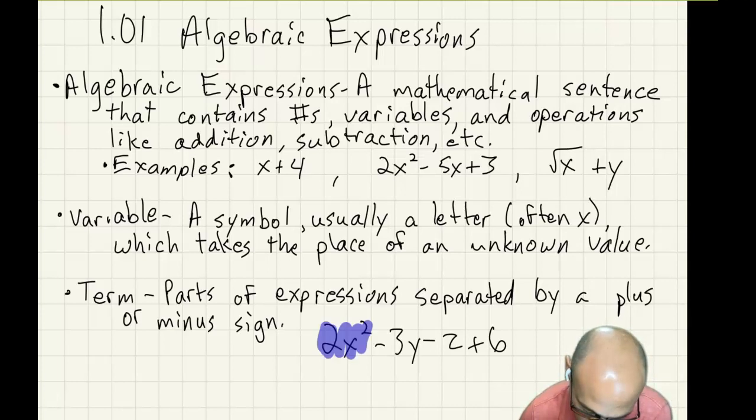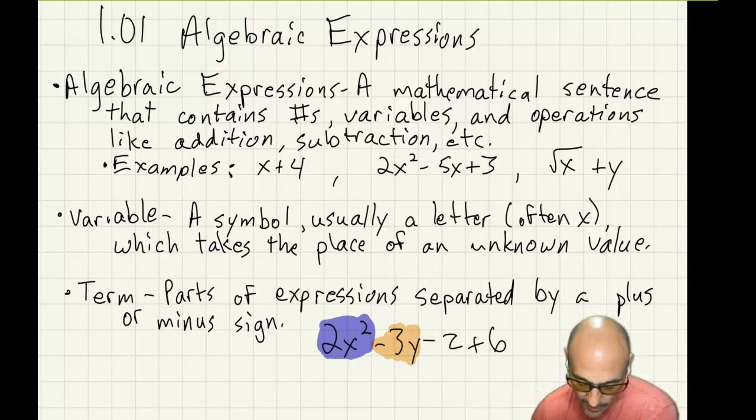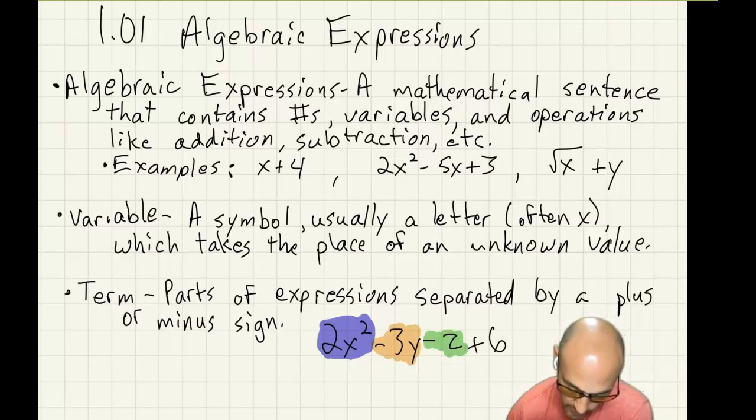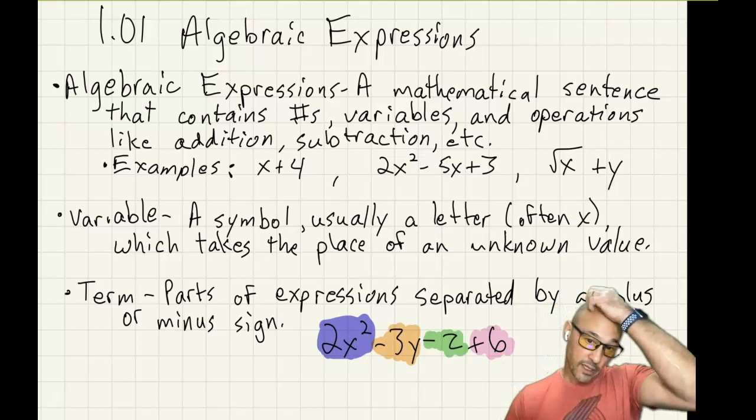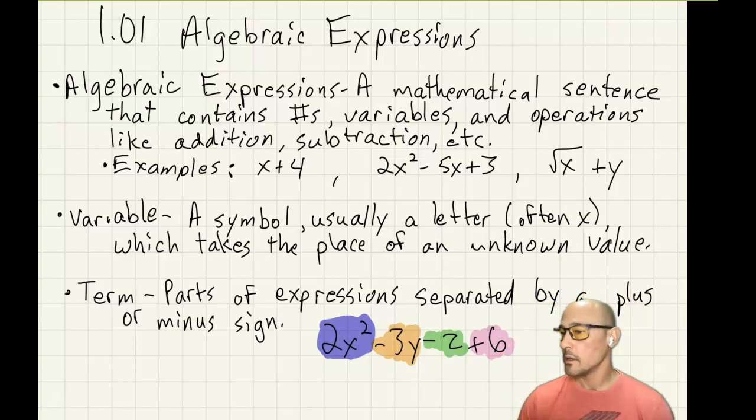Here is one term, and the minus sign is part of the second term. Minus z is the third term, and plus 6 is the fourth term. Now the 6 is called a constant because it's just a number. Okay, so that is a term.